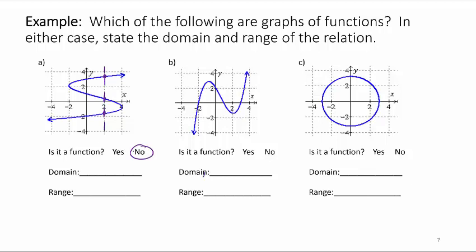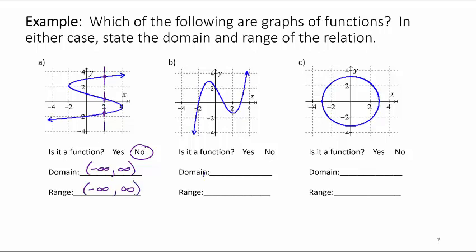No, because it fails the vertical line test. There are multiple values of y for a given value of x. And what's the domain of it? Because the arrows are extending in the negative and positive direction horizontally, I'm going to say all real numbers. And what's the range? All real numbers as well, right, with those arrows.